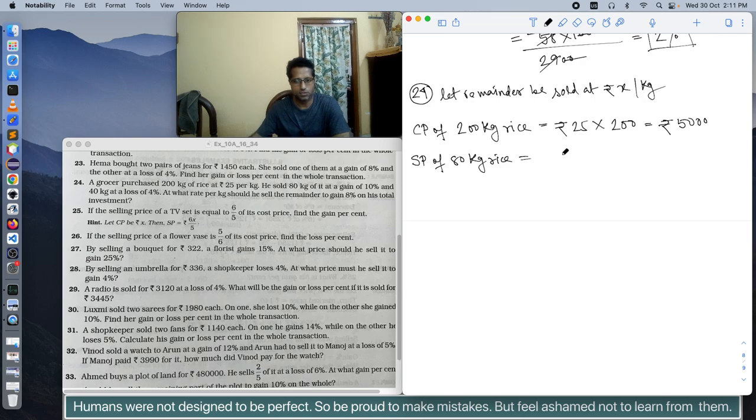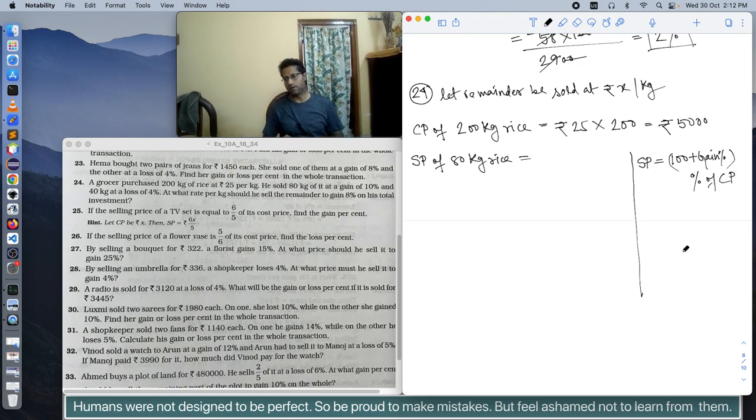Now you must understand one concept: when there is a gain percent, the selling price will be equal to 100 plus gain percent, this much percent of CP, where CP is the cost price.